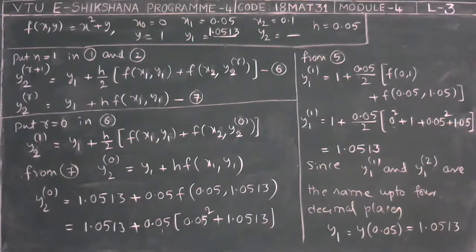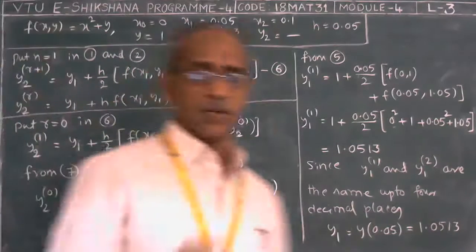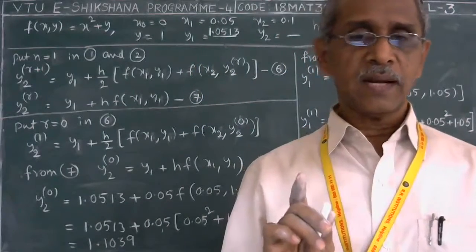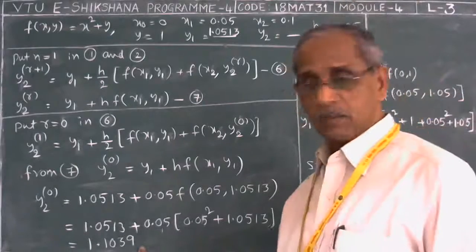If you carefully calculate, you get 1.103. Always calculate the numerical values using calculators only. So I got y20 as 1.103.